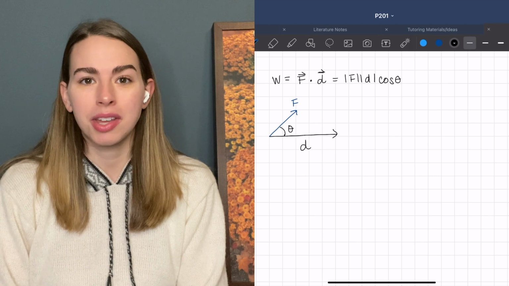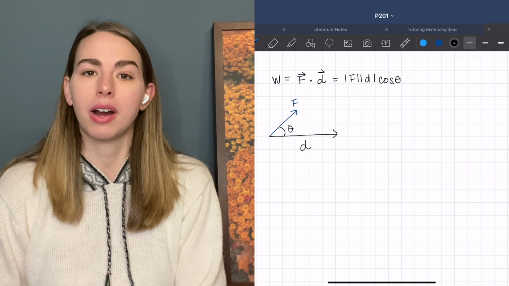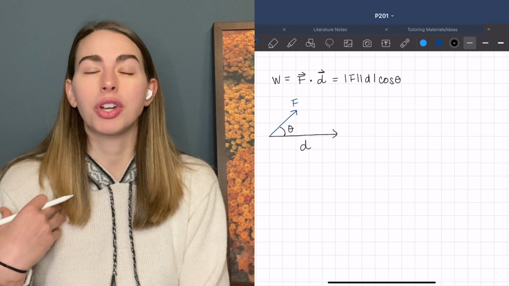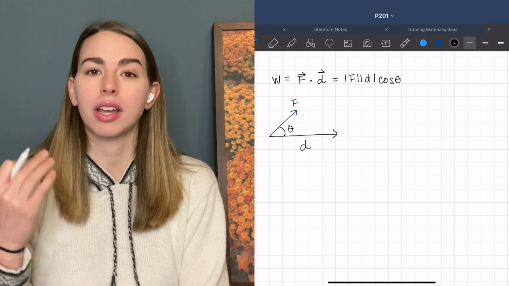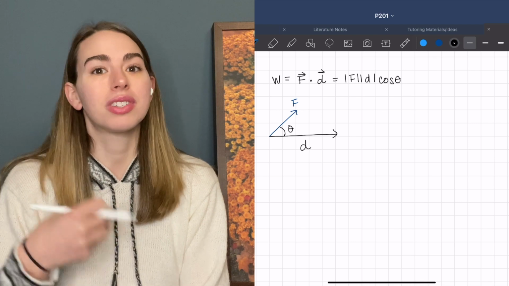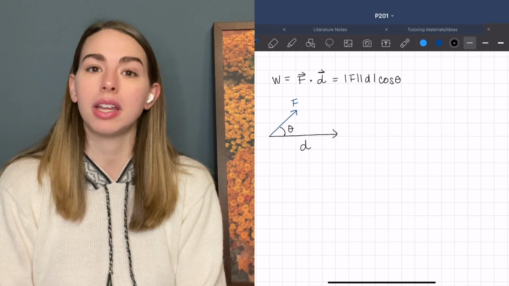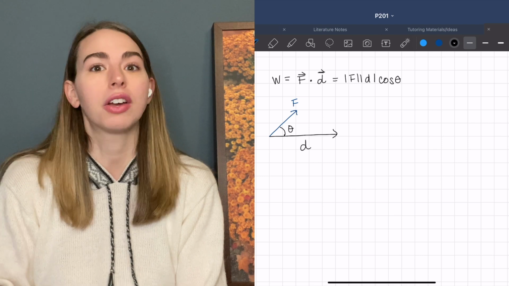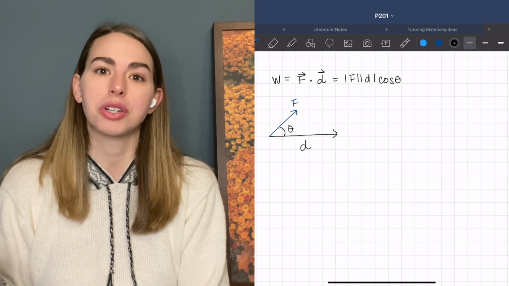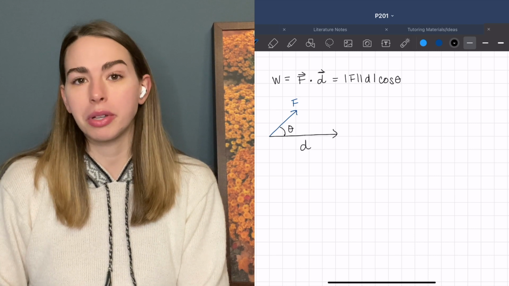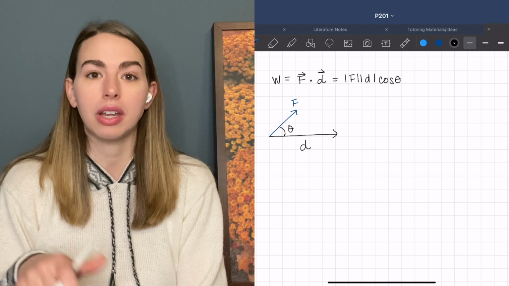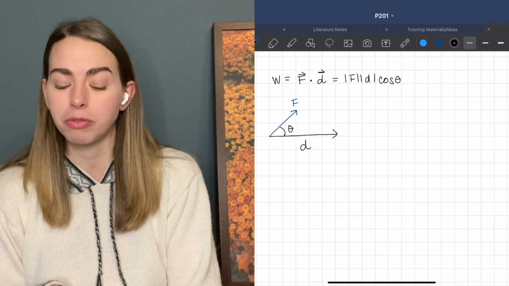My only gripe with it is that there are many problems where they give you an angle, and just because you're not as skilled at drawing the picture and immediately understanding what that angle means, a lot of students will just take that angle because there is one and plug it in for that theta and cosine for work, and it could have absolutely nothing to do with work. Or it could be the complement to the angle that you actually need. So just be careful with making sure you're drawing your pictures and getting your geometry all right before jumping in and using the cosine equation if that's the one that you prefer.